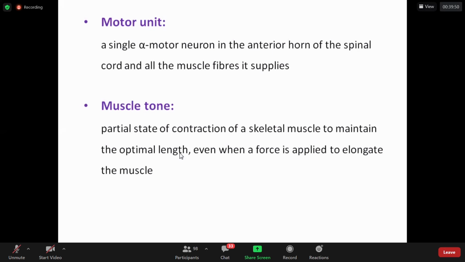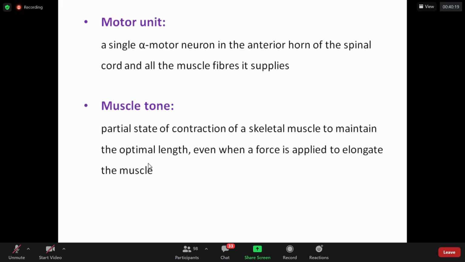To maintain the optimum length, even when a force is applied to elongate the muscle. This is the complete definition of muscle tone. At least for postgrad students, this is the complete definition you must tell. For undergrad students, if they say partial state of contraction of a skeletal muscle, that would be acceptable, but it is better to answer: to maintain the optimal length even when a force is applied to elongate the muscle.